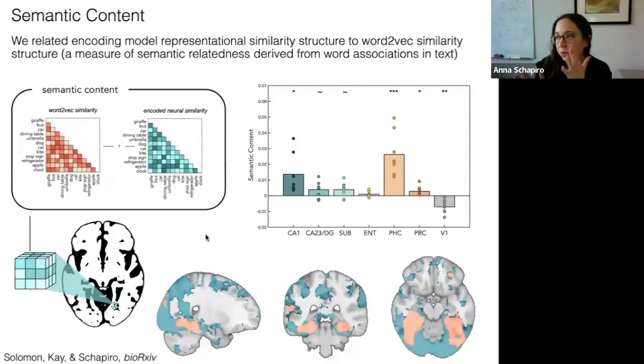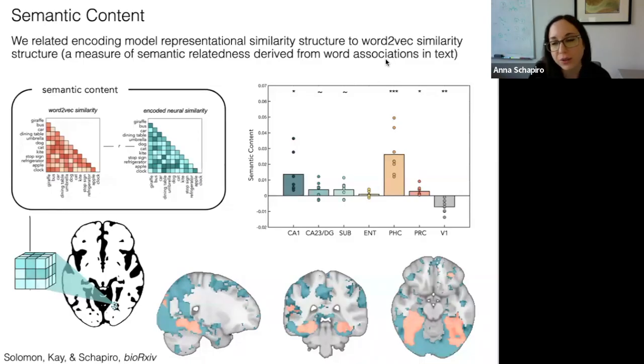Okay, and then within those regions that have those representations of the objects, we wanted to restrict to the areas where we think there's some semantic content to those object representations. And to do this, we related the representational similarity that we saw in those visual object representations to the similarity structure from word2vec, which is a measure of semantic relatedness from word associations and text.